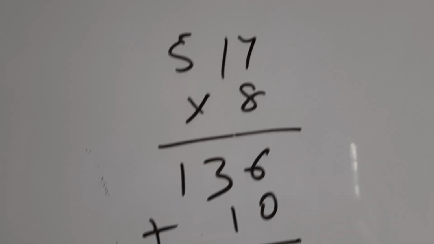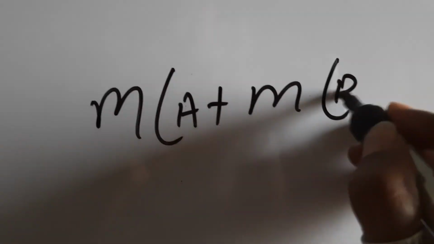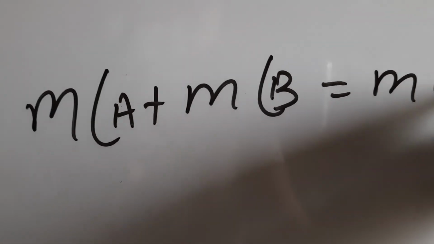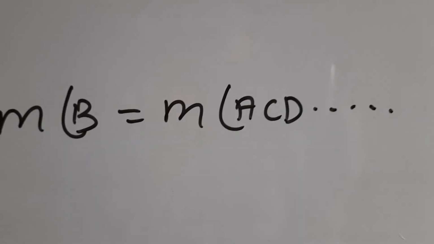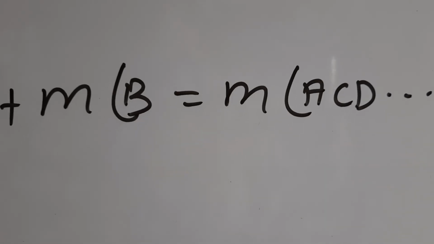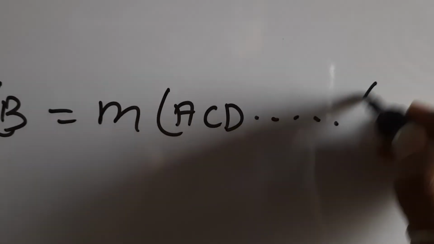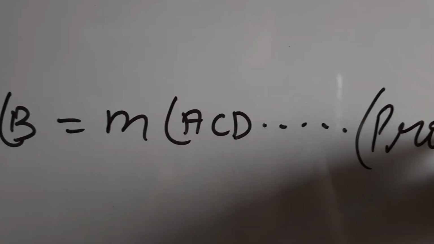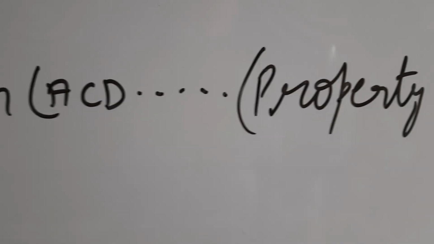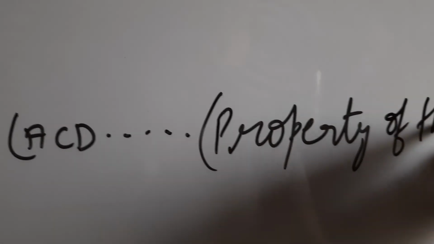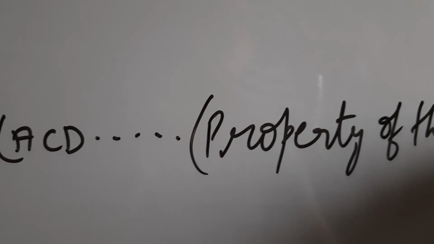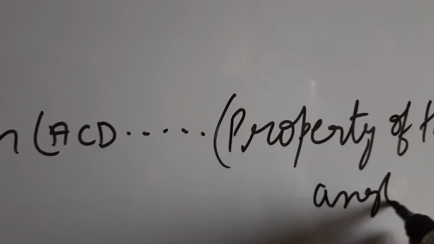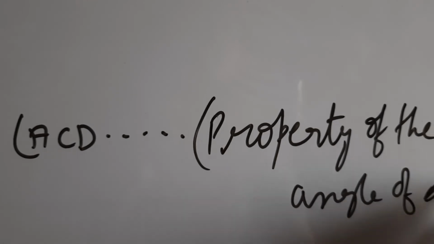I have shown the working also for you. Let us write down measure angle A plus measure angle B equal to measure angle ACD. Why? Because of the property of the exterior angle of a triangle.